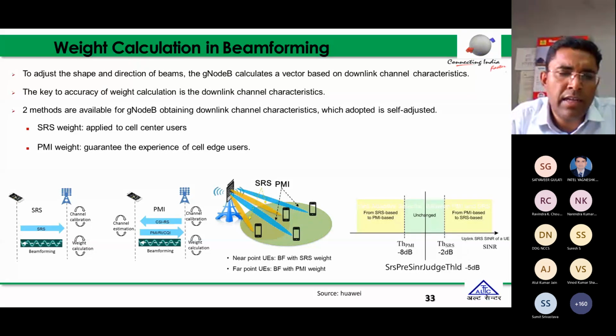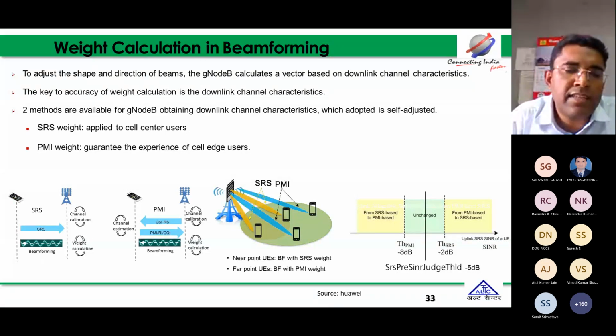Right. On the left hand side, SRS is the sounding reference signal that is transmitted in the uplink. And the gNodeB first calibrates the channel, and then calculates the weights, what antenna weights are required, right? And then sends the weights toward the UE to implement in the uplink direction as well as in the downlink direction.